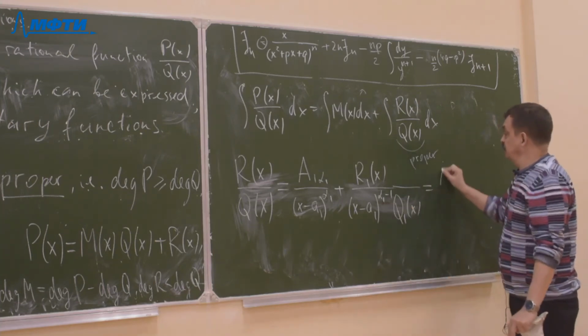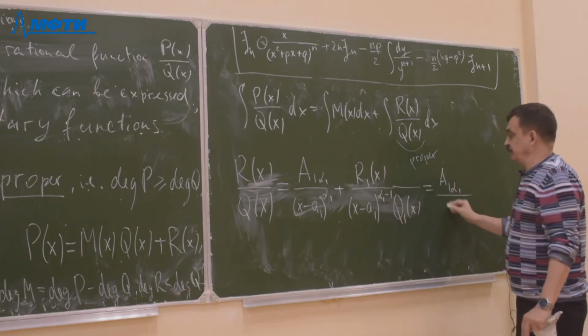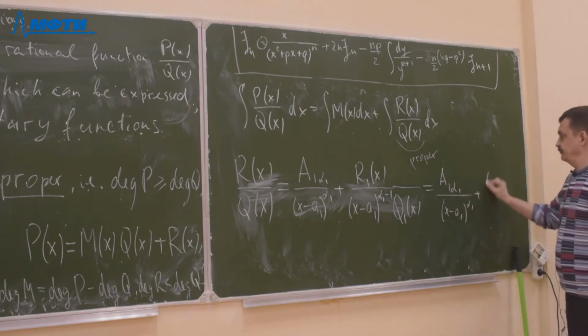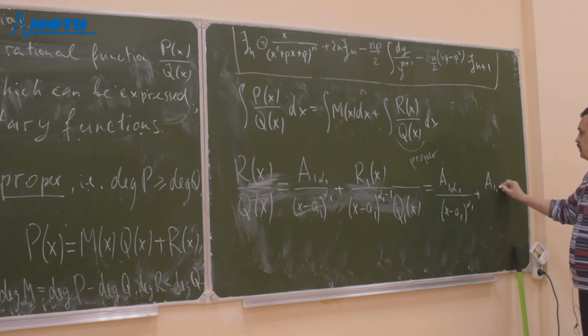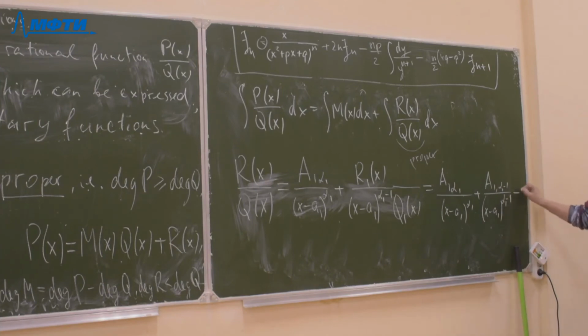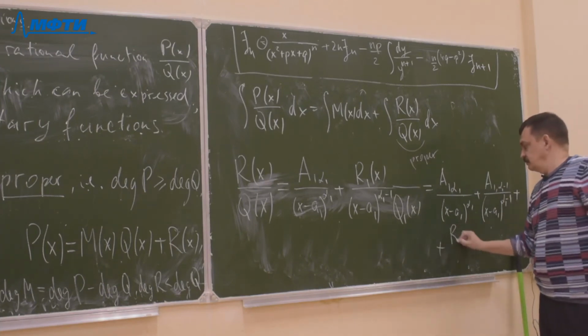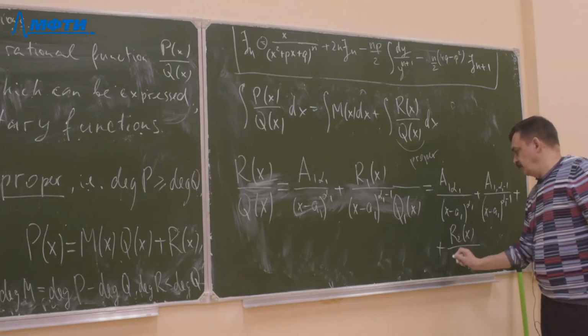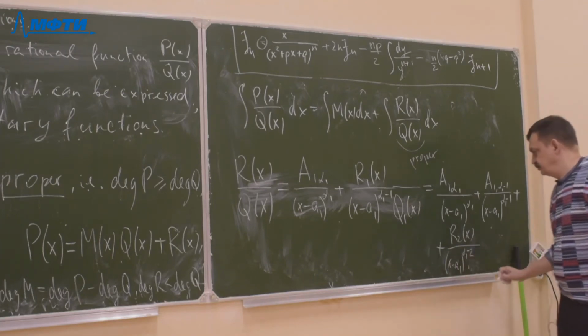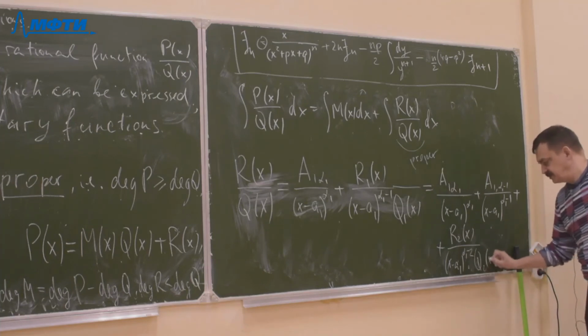It gives a1 alpha 1 over x minus a1 plus a1 alpha 1 minus 1 over x minus a1 power alpha 1 minus 1 plus, let's say, r2 over x minus a1 power alpha 1 minus 2 q2 of x, right?